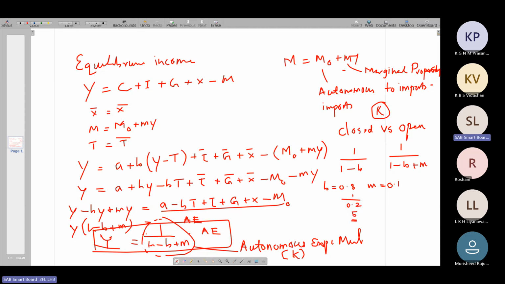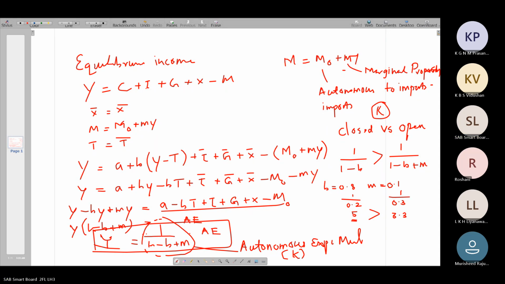Here, 1 minus b is 0.2 plus 0.1, so 1 over 0.3 is 3.3 something. So the closed economy multiplier is more powerful than the open economy multiplier.